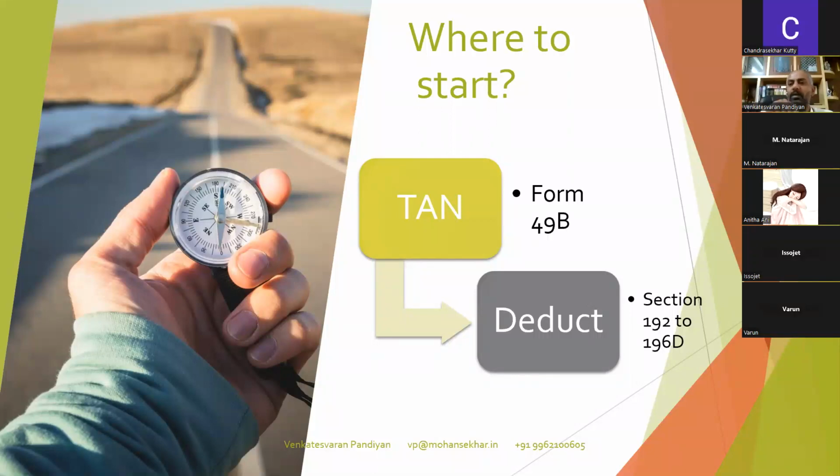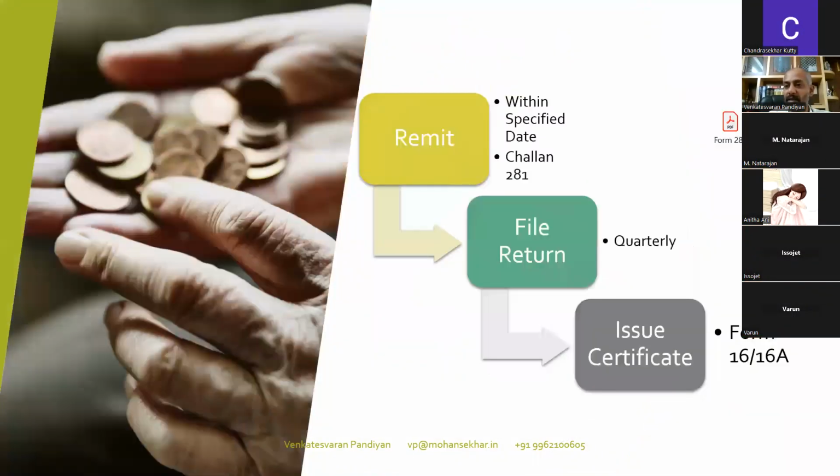We'll look at Form 2, the challan 281. I'll just show you. There you are required to know under what section, or what is the nature of payment that you have made, and you'll have to mention that. So that's the reason I have mentioned the section numbers. Section 192 starts with salaries, and 196 goes to payments to non-residents, not NRIs, non-residents. We'll be touching upon all those important sections that talk about TDS.